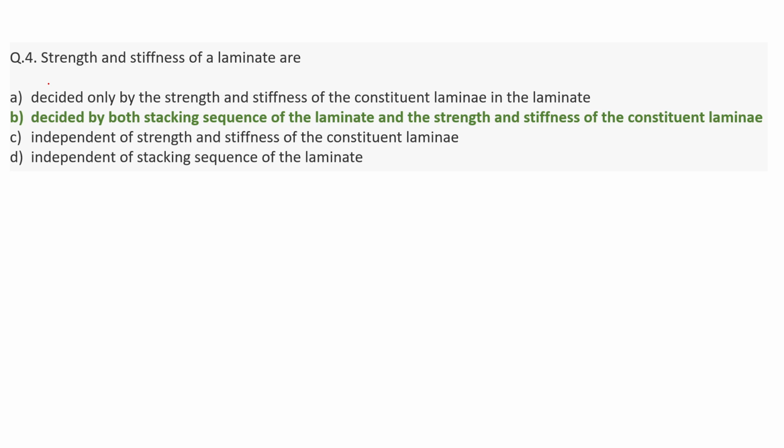So the stacking sequence according to our application and requirement is also important, as it distributes the strength throughout the laminate. That's why the stacking sequence with different angle laminas is very important. So option B will be the answer: the strength and stiffness of a laminate is decided by both the stacking sequence of the laminate and the strength and stiffness of the constituent lamina.